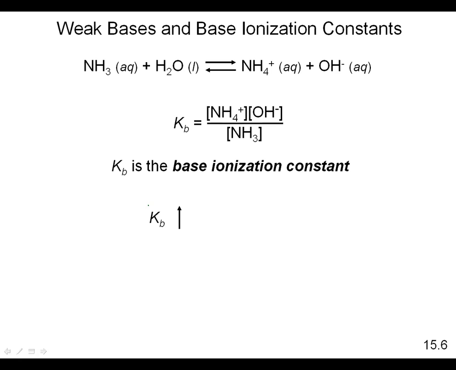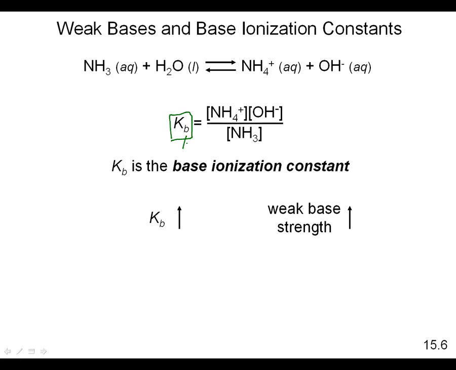So when we deal with weak bases, it also will set up an equilibrium just like weak acids, which means just like weak acids, it is also going to be an ice table situation. So we will have a Kb value. Very creative here, b meaning base.